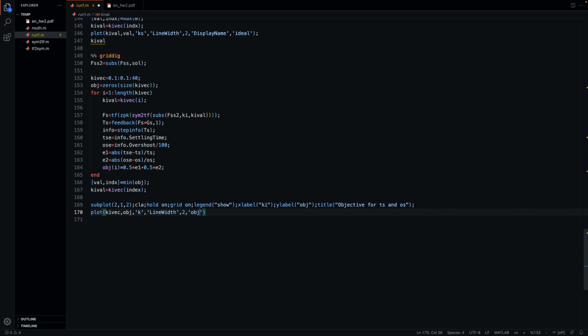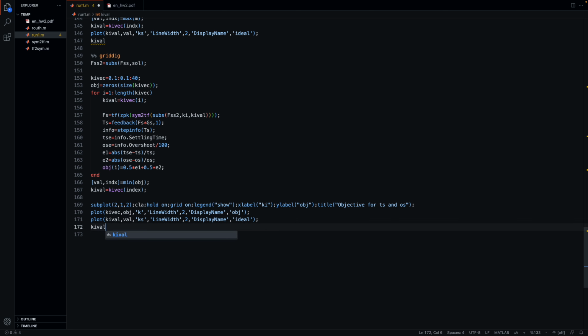So let's call it objective. And then I can plot the ideal point here, which is KI val, val, and then display name objective, display name ideal.